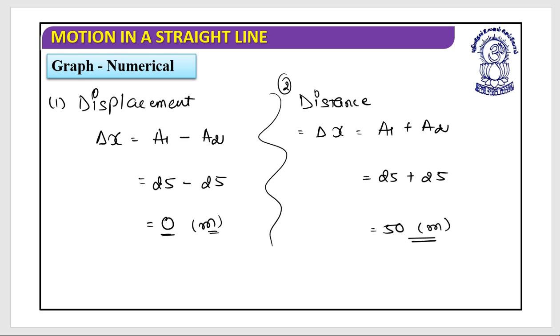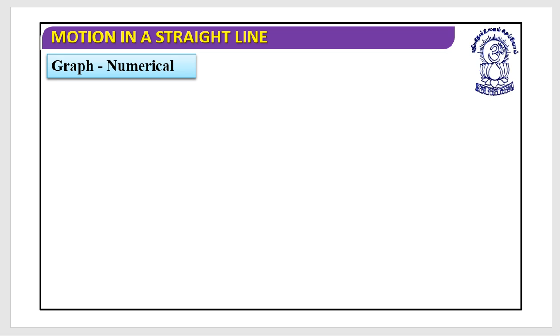If it can have both, just subtract area 1 minus area 2. But if it can have only a positive value, just add them up. So are you done with this? Ready for the next question? Let's move on.